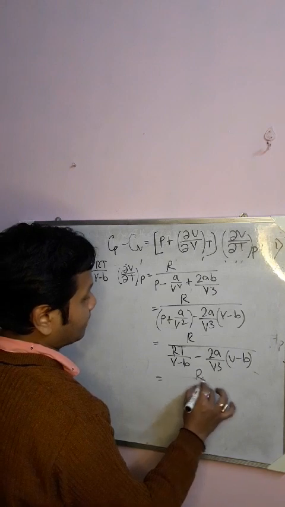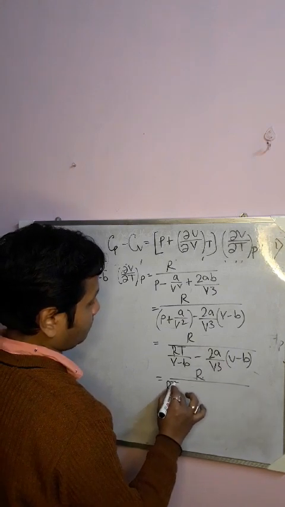Now you take RT by V minus B common. So what will it become?